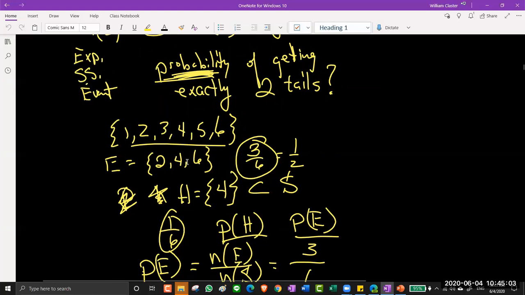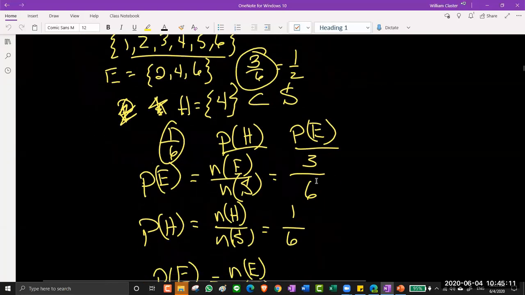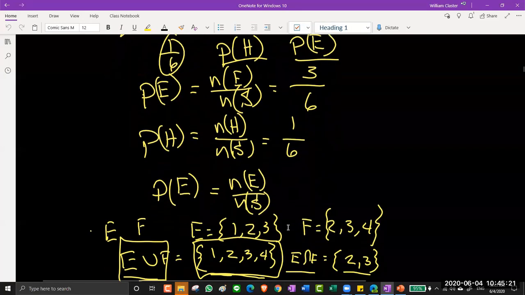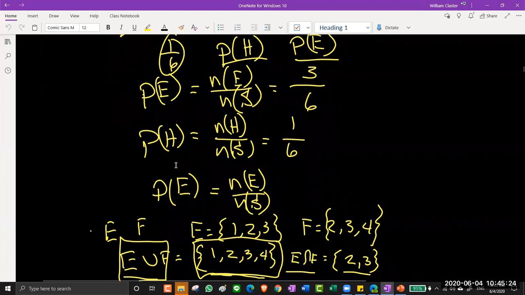So we would say the probability of this event, of getting the even number, is 3 over 6. Or we can have a different event. I guess H is just getting a 4, and the probability of that is just 1 over 6. And so here's the definition we're going to use in this lecture for probability. It's just this.